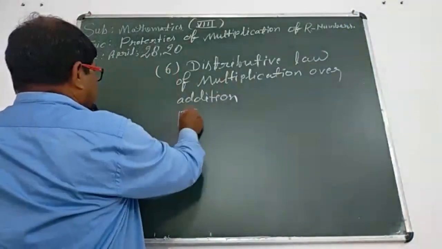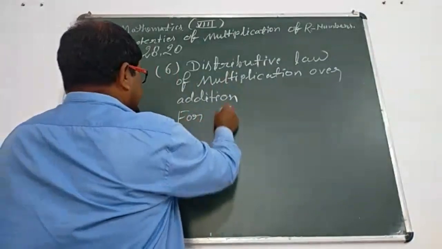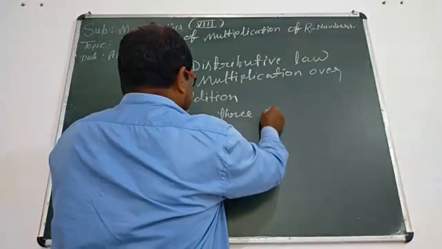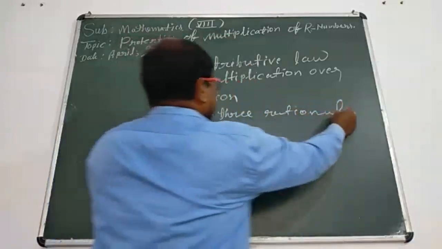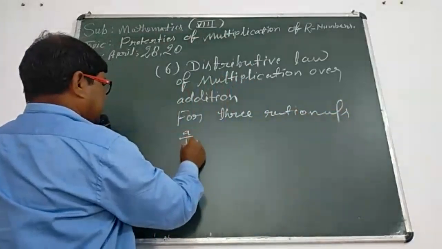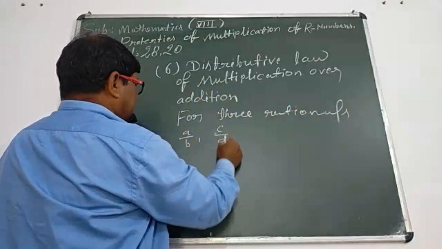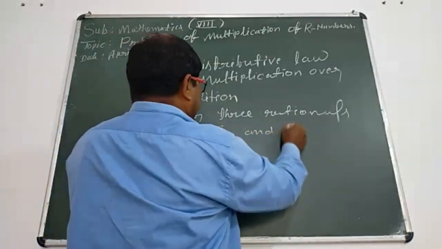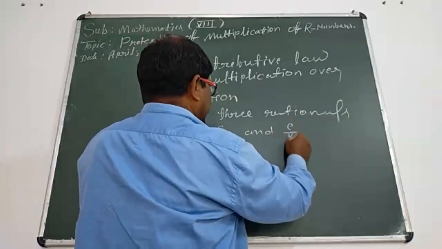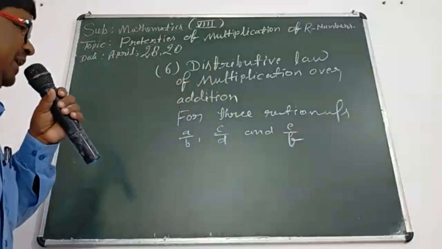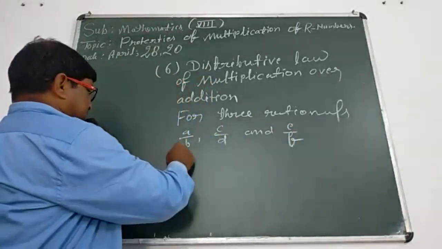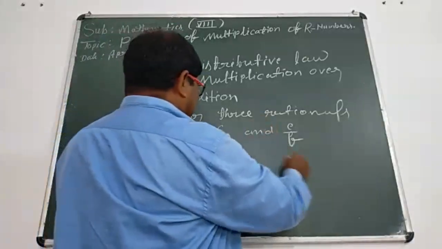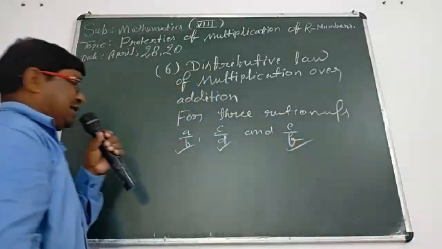Student, for 3 rationals A upon B, C upon D, and E upon F, this is the first rational, second rational, and third rational.